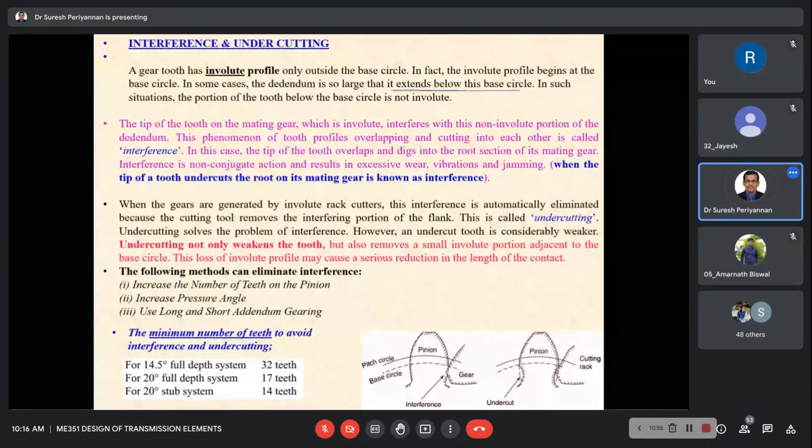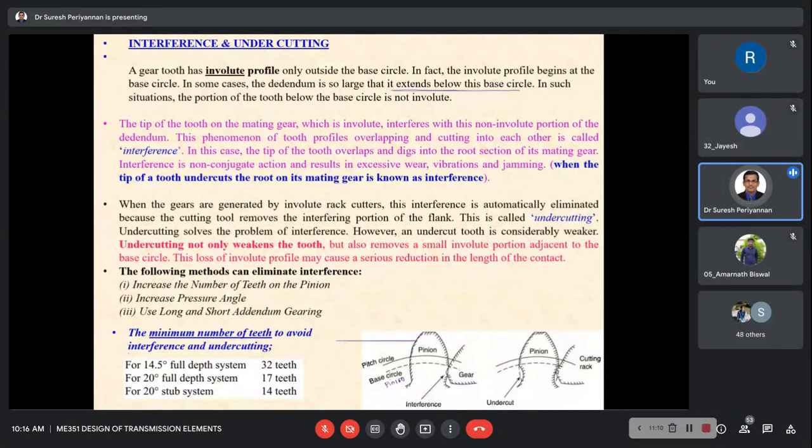This is the base circle of the pinion. Now, the involute profile of the pinion teeth is starting below the base circle.